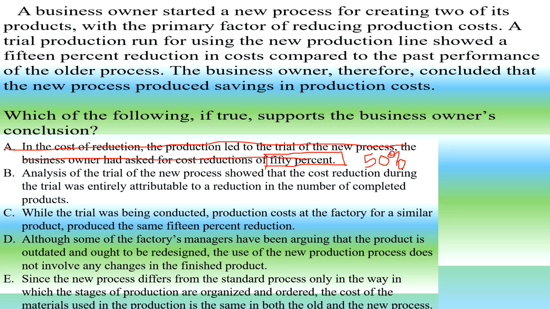Okay, so then you go to B. Analysis of the trial of the new process showed that the cost reduction during the trial was entirely attributable to a reduction in the number of completed projects. Now, first of all, this word entirely on any test should already cast it out, because it's called an offset word. It's something meant to throw you off.